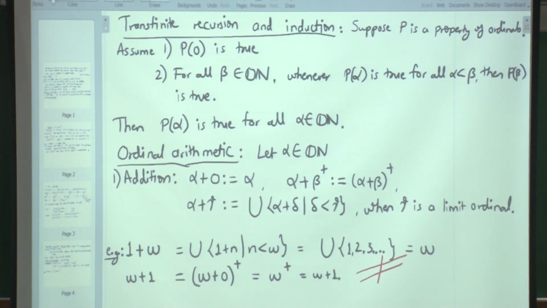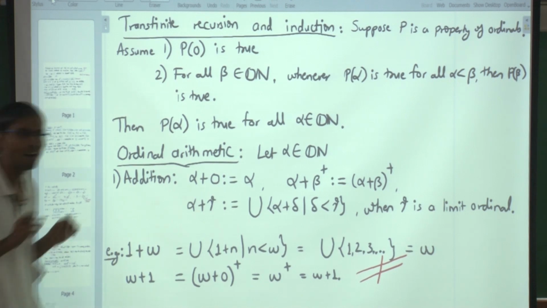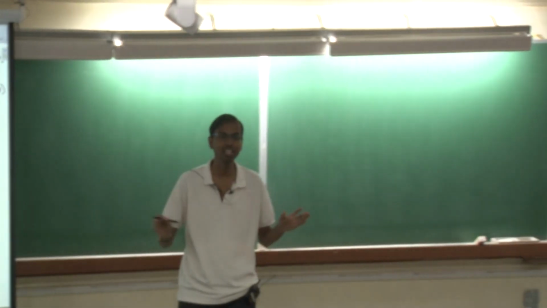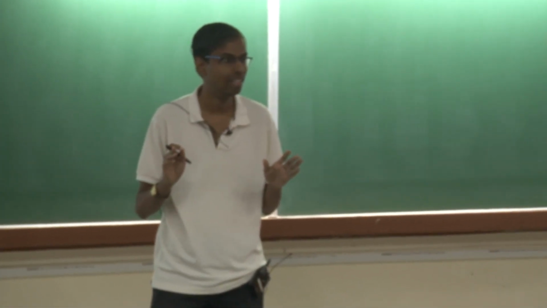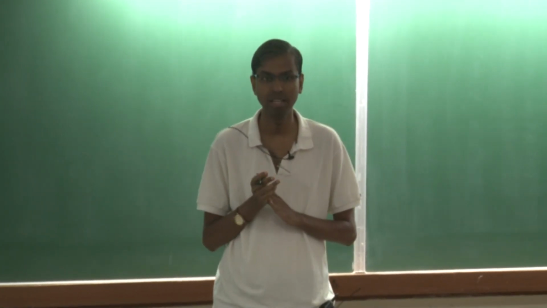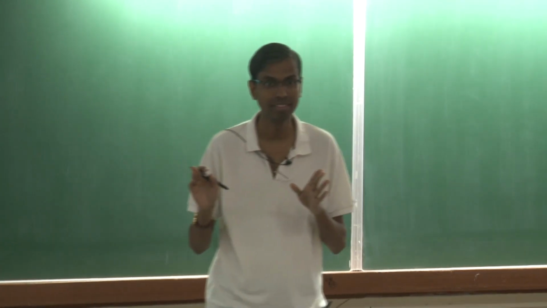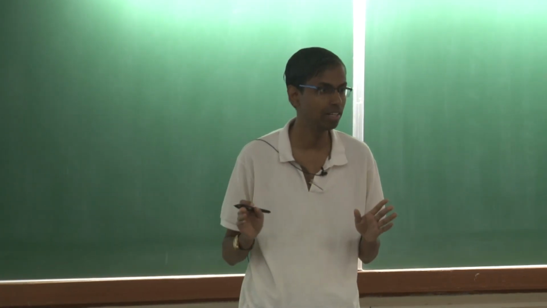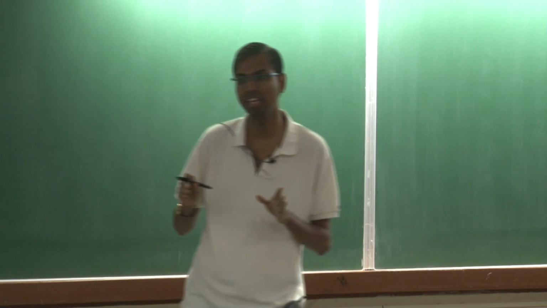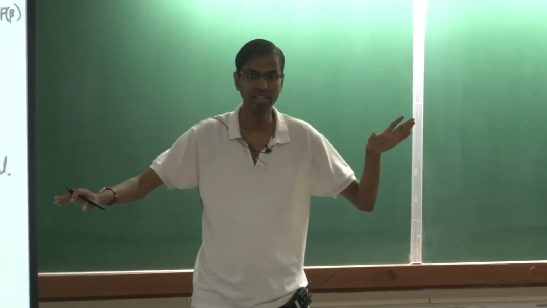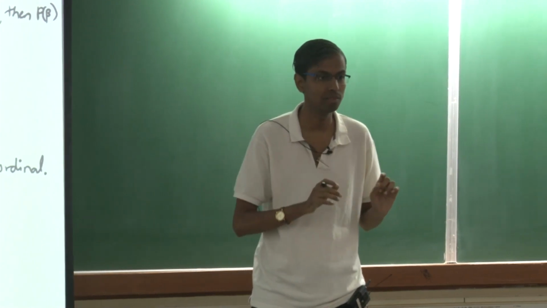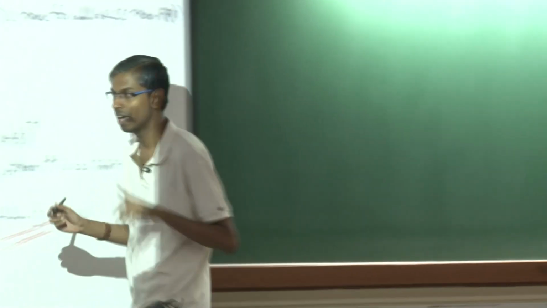So the first thing, as soon as you enter the arithmetic of infinite numbers, ordinal numbers, addition is not commutative. This is the first and striking property of ordinal arithmetic. It is associative, but it is not commutative. Maybe I should write this down.